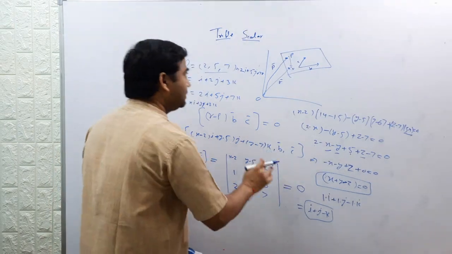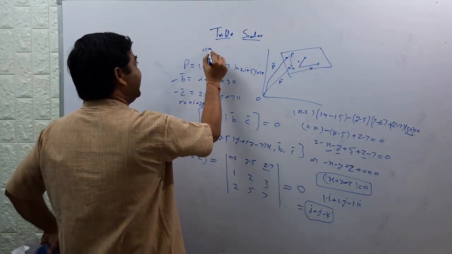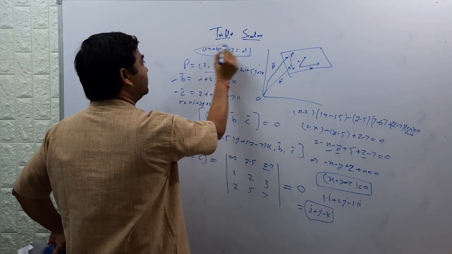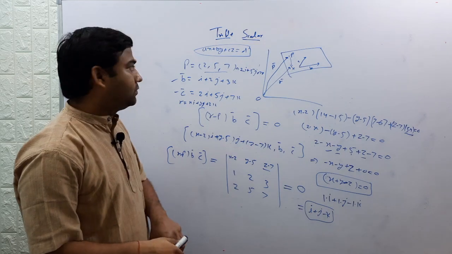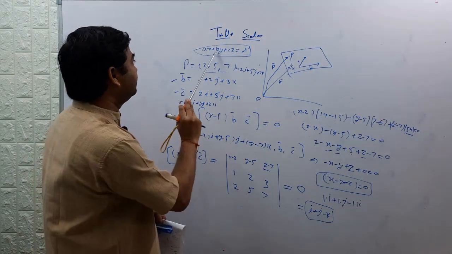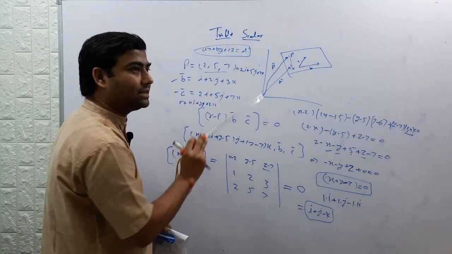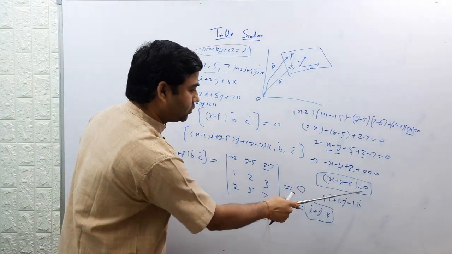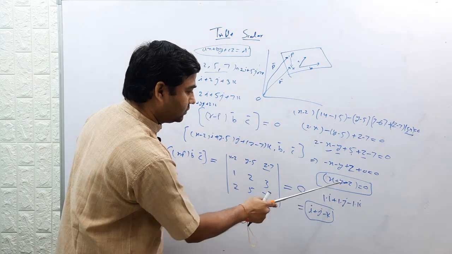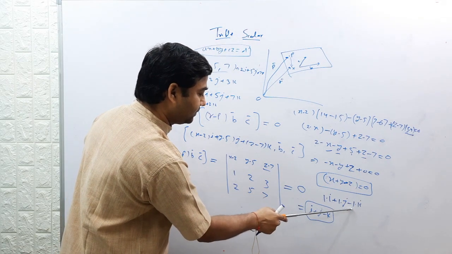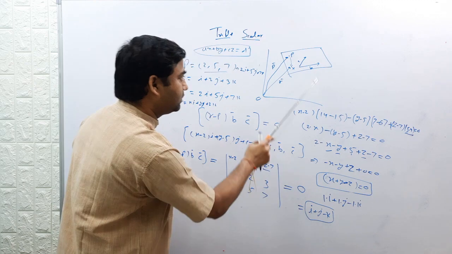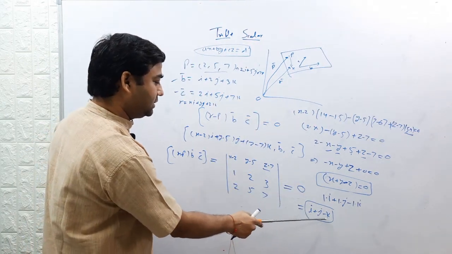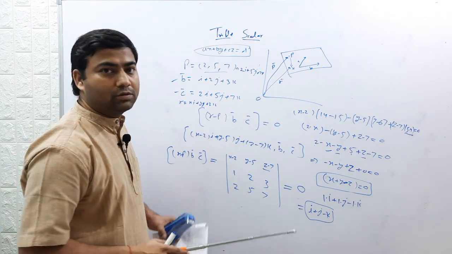The equation is in the form ax plus by plus cz equals d. So ai plus bj plus ck is a vector perpendicular to this plane. Just seeing the equation, you can find the vector perpendicular to this plane.